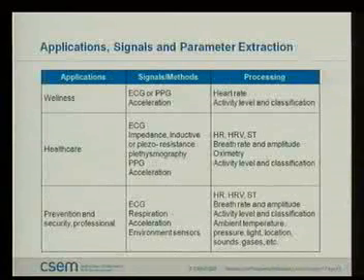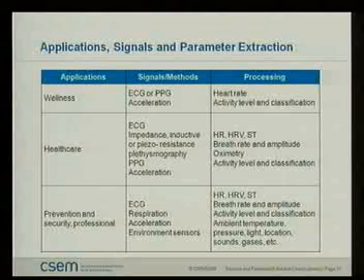Looking at them in a different way, or adding to them the sensors and the methods that are used, or could be used, or that are researched today, we can say that they are, of course, the ECG, also the photoplethysmography, so for measuring peripheral oxygen saturation, acceleration. This is mainly what is used or could be used for wellness, at least today.